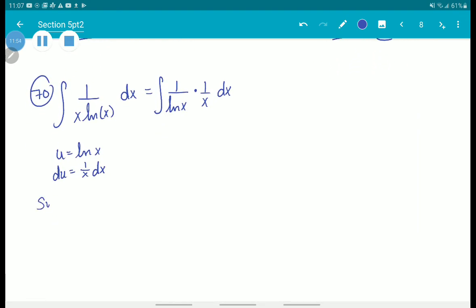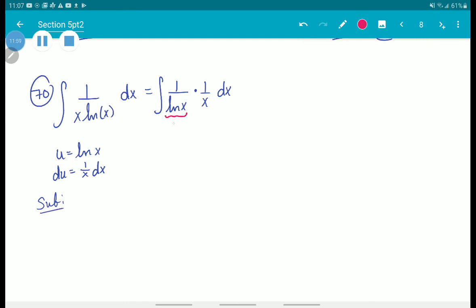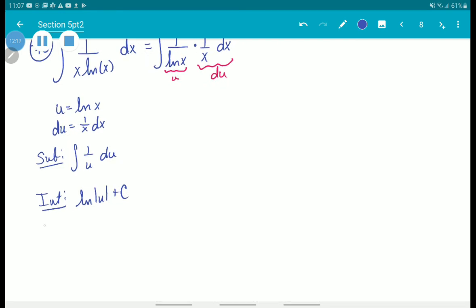So let's do our substitution and let's see where that puts us. That bottom is u. All of this is du. So that gives us the integral of 1 over u times du, which is an ln rule. And then when we substitute back in, we have the ln of the absolute value of the ln of x plus c.